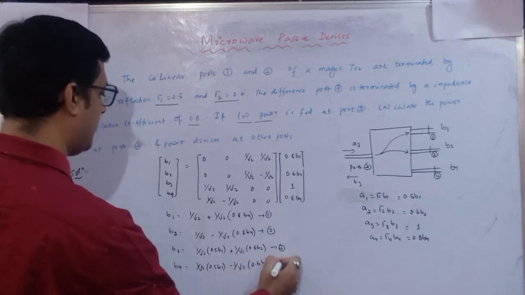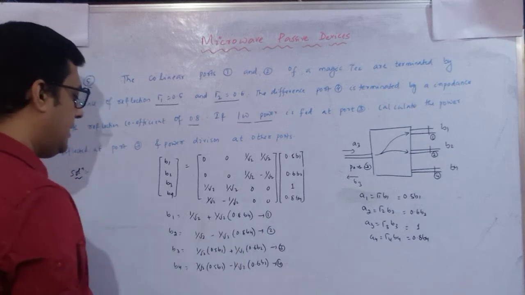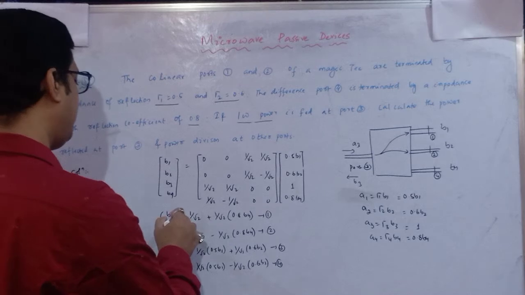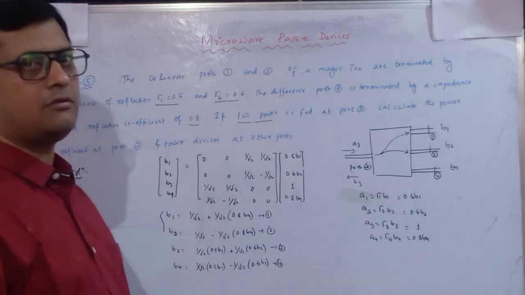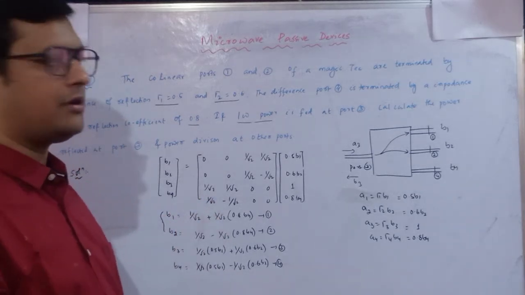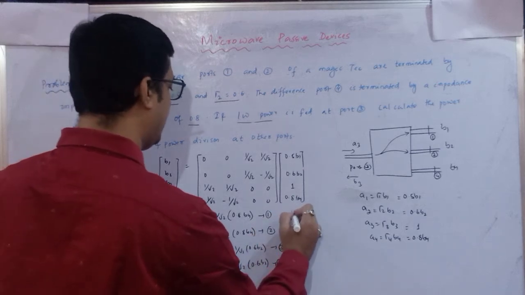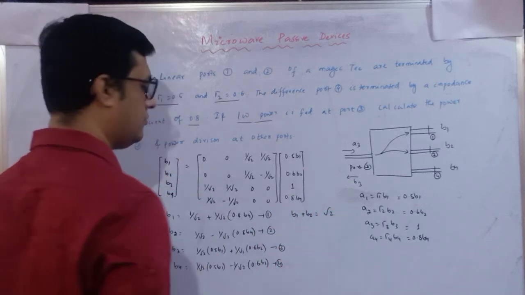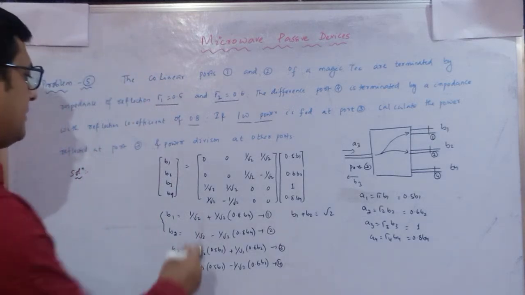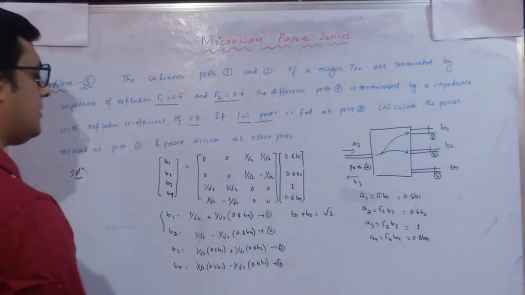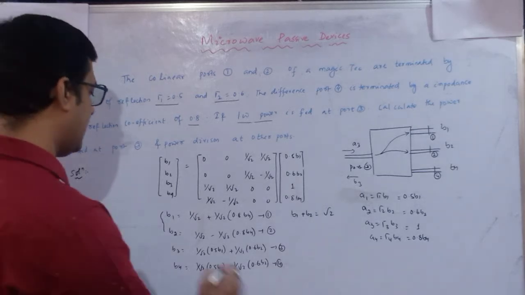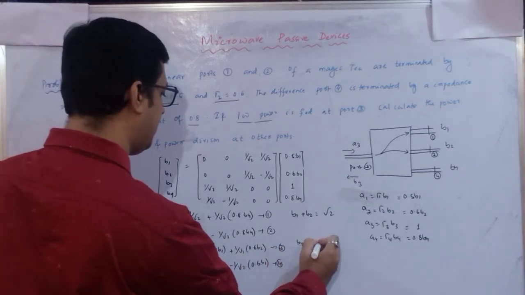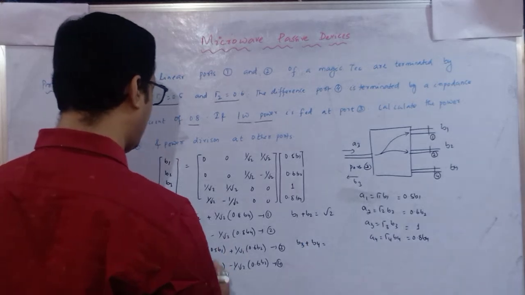Okay. Now here if you add the first two, B1 and B2, you will get B1 plus B2 is equal to 2 divided by root 2. That means root 2 you are going to identify. So here B1 plus B2 is root 2. Okay. Because if you add, this component and this component will be cancelled out. Similarly, if you add B3 and B4, you will get it in terms of B1.